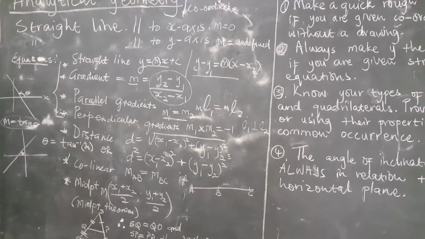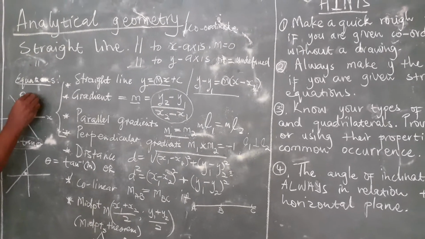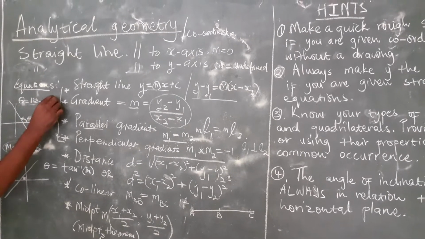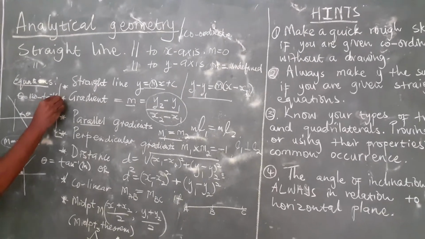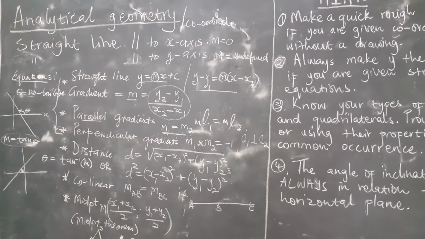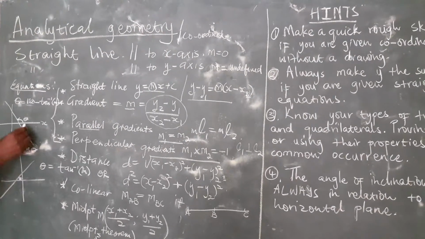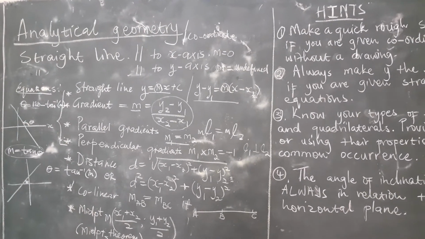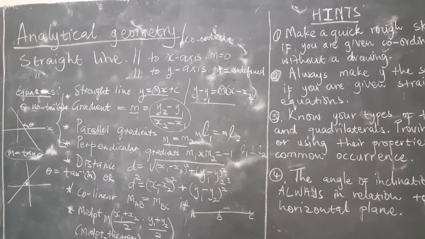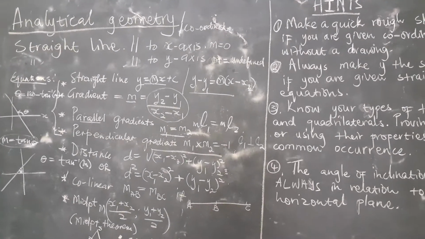But if m is negative, your theta is going to be 180 minus shift tan of positive m. We don't need to write the negative because we've already subtracted from 180. Then we'll know this angle, because that is going to be obtuse. But this angle here must be acute. That's how we always write our gradients.